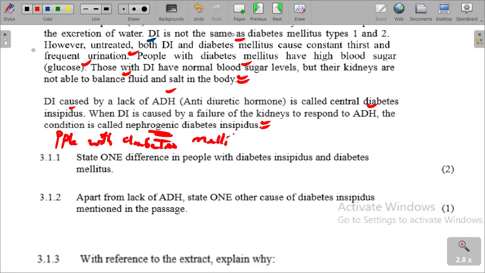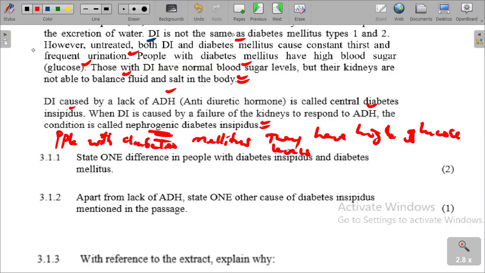People who have diabetes mellitus have high blood sugar, high glucose levels.